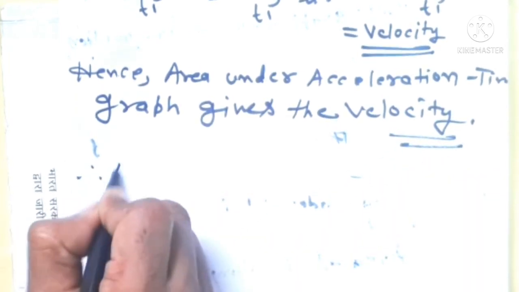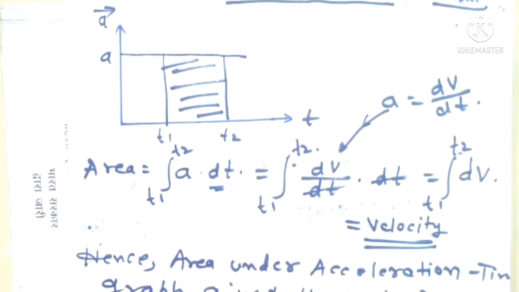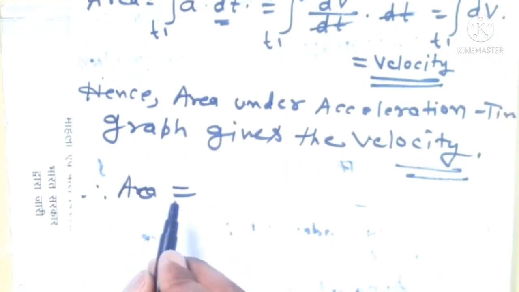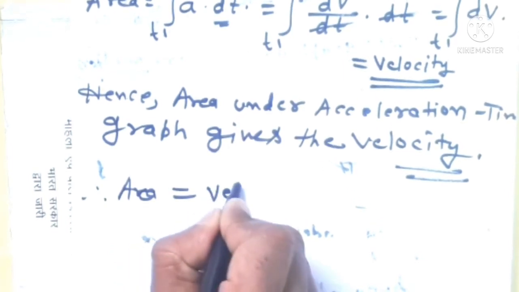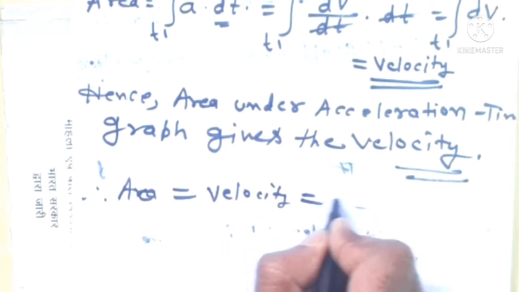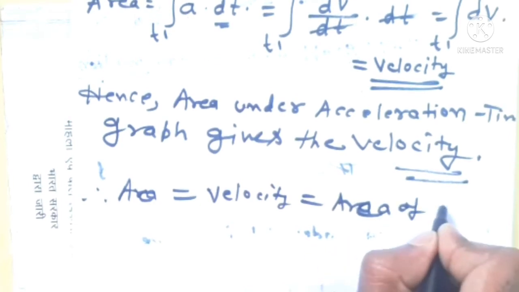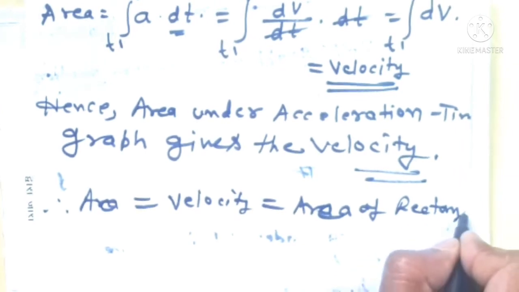So the area of this figure can be written as velocity, and it is the area of a rectangle.